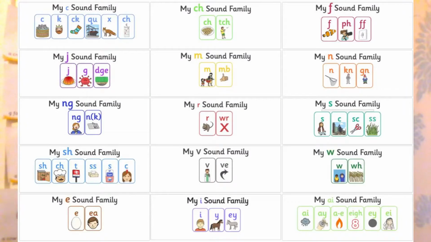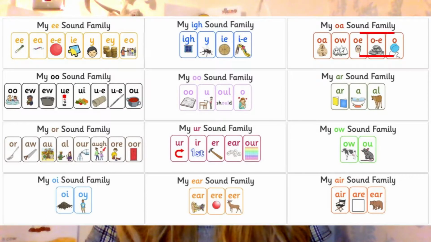We have the split digraph A-E, which makes the A sound, like in the word flame. There's a split digraph O-E that makes the O phoneme, like in the word stone. There's a split digraph with the graphemes I and E, which make the phoneme I, like in the word slide.